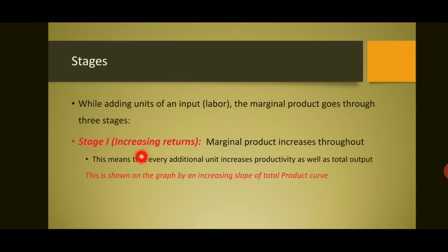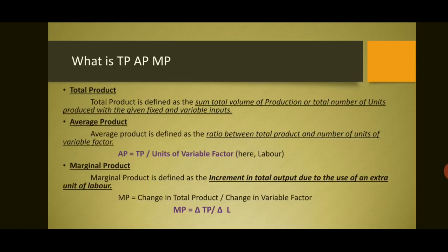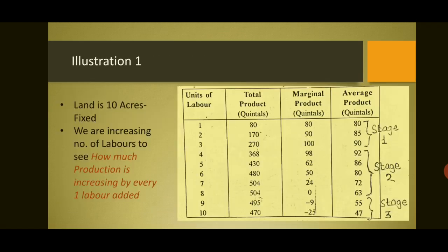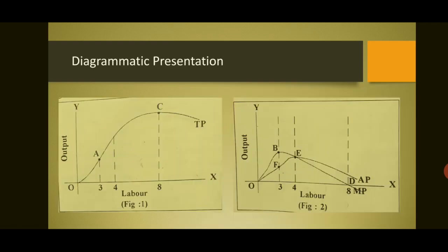In stage 1, marginal product increases throughout. Yes, we have seen in our example, in stage 1, marginal product is increasing throughout. So our marginal product is maximum at stage 1.